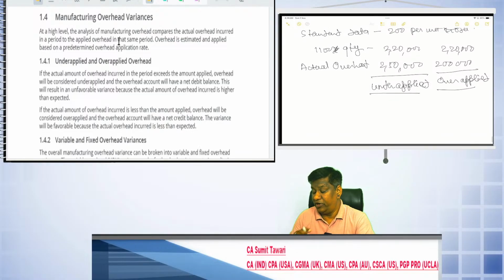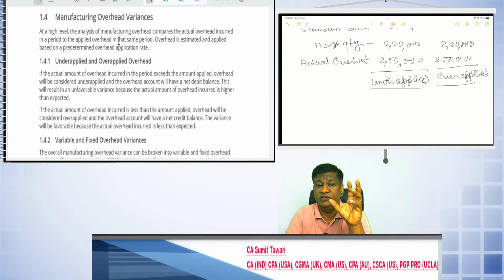We apportion or assign a production overhead cost on the basis of the standard rate, but actual cost could be less or higher than the standard rate. So there is a question of over application or under application.